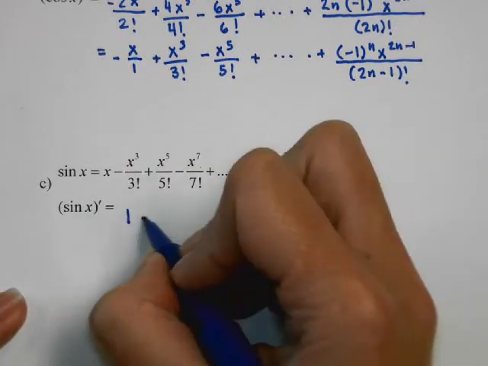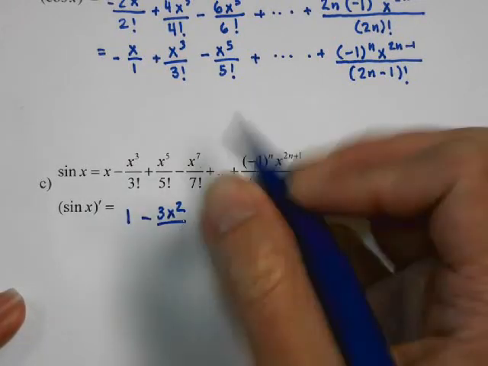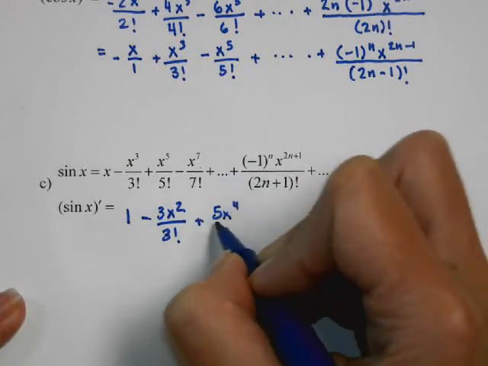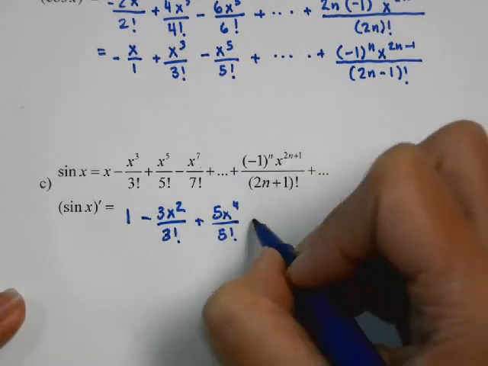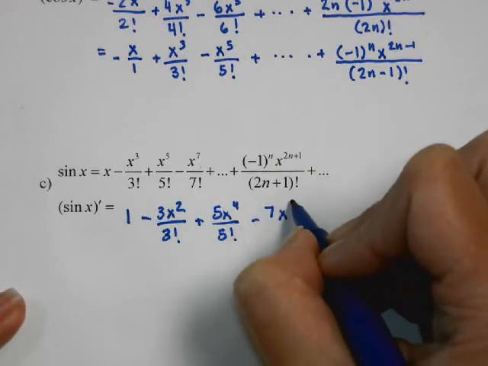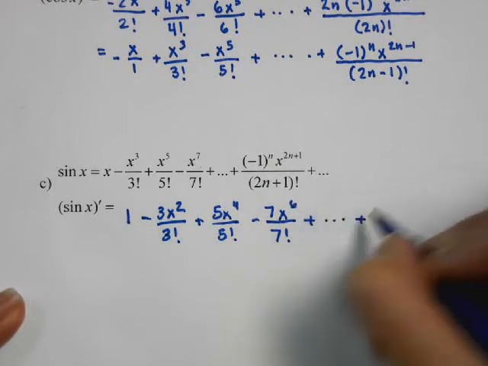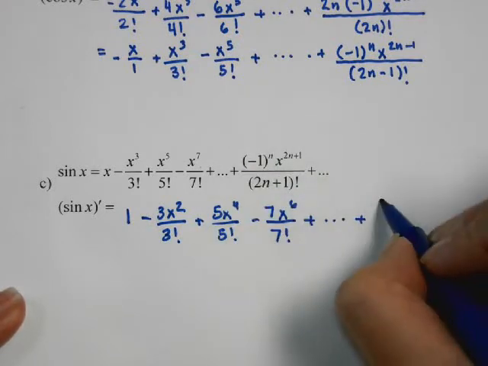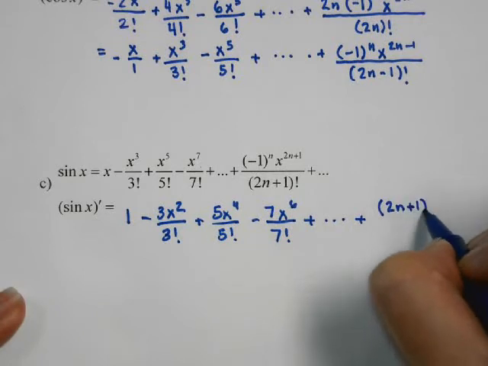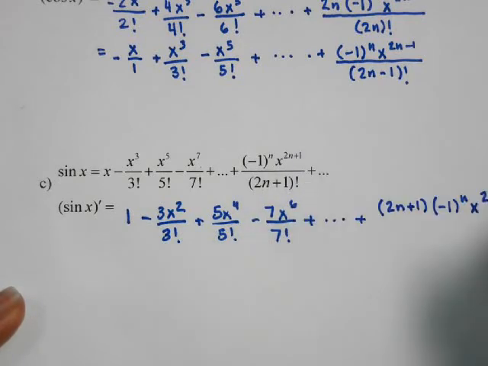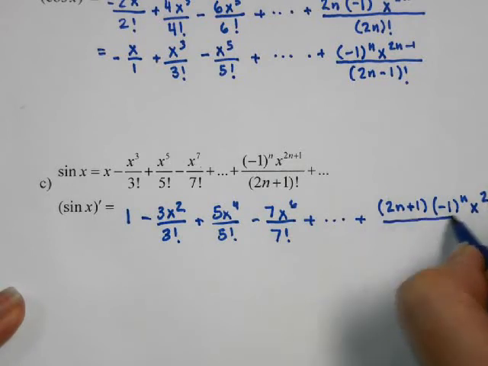So we're going to have 1 minus 3x squared over 3 factorial plus 5x to the 4th over 5 factorial minus 7x to the 6th over 7 factorial. Here we're going to have 2n plus 1, negative 1 to the n, x to the 2n plus 1 minus 1 would be just 2n.